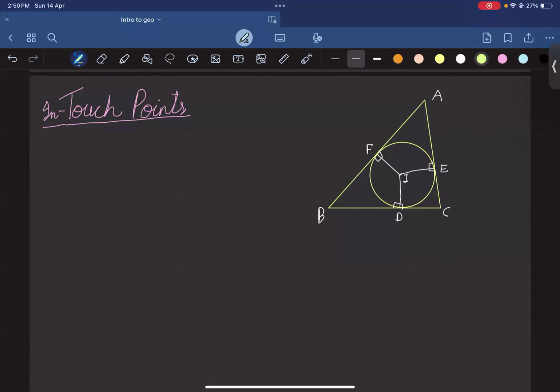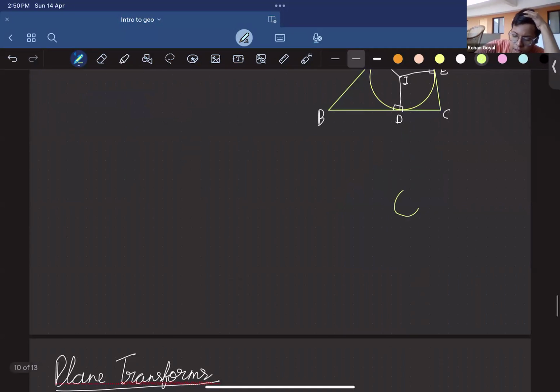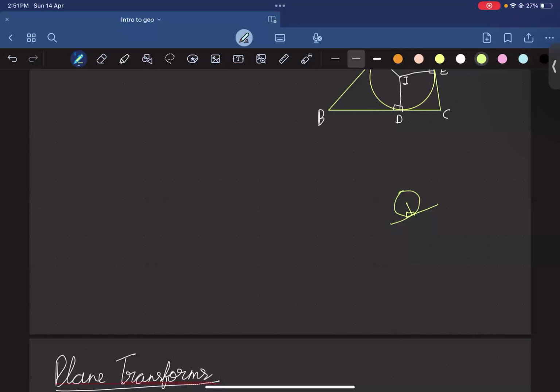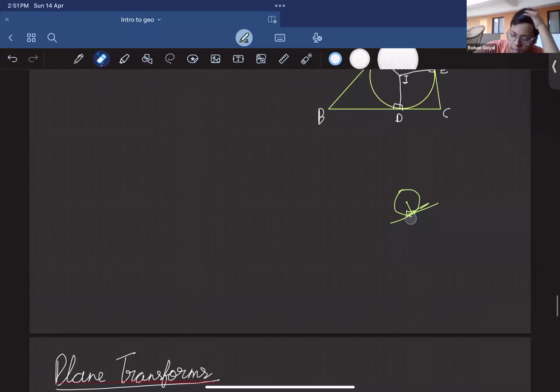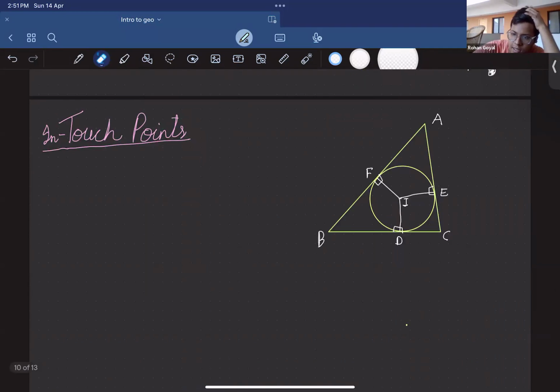I wanted to ask that. So here, are we defining that when BA touches the circle, it touches only one point, or is there any definitive proof that it does not touch more than one? Have you proved that ever, that if you have a circle and a center, and if you have a tangent, then this angle is 90? Yeah, I've seen this. So you can try remembering that proof. I think it's in NCERT.